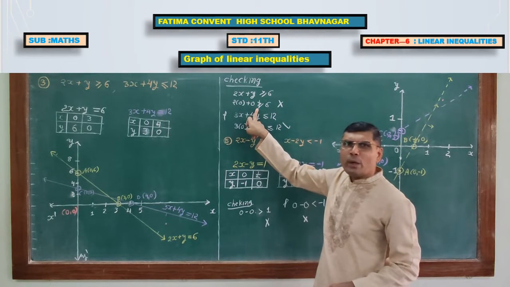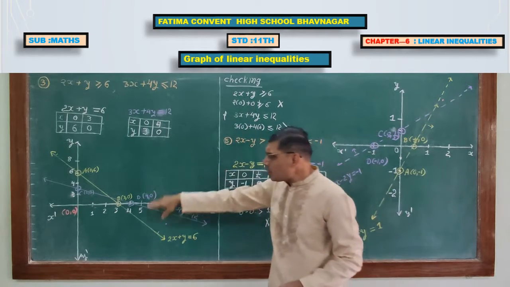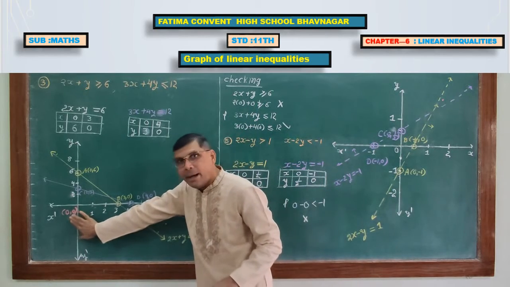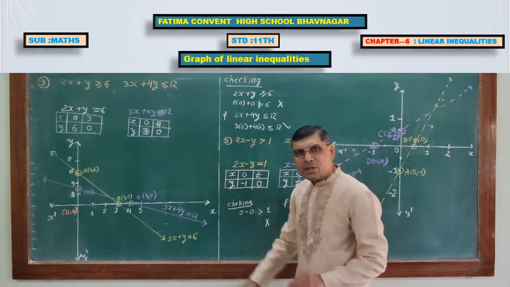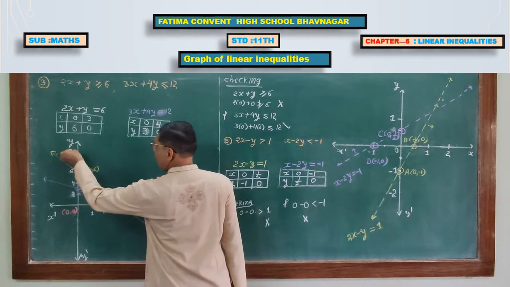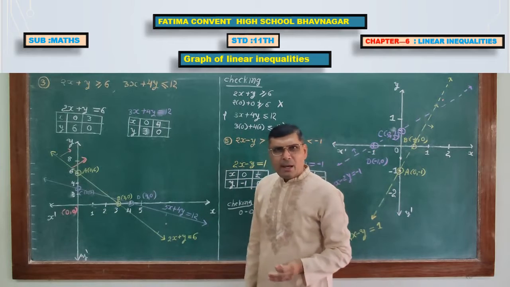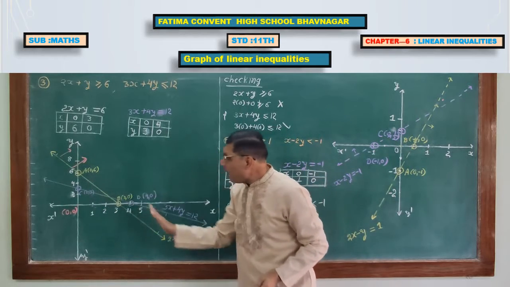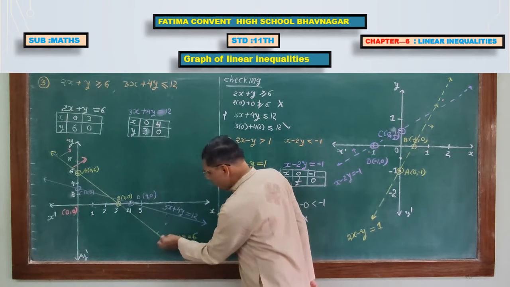No, 0 cannot be greater than 6. It means 0 does not lie in my area. I am talking about this yellow line. It does not lie in my area, so my area is on the opposite side. This area represents the opposite to 0. So this one.